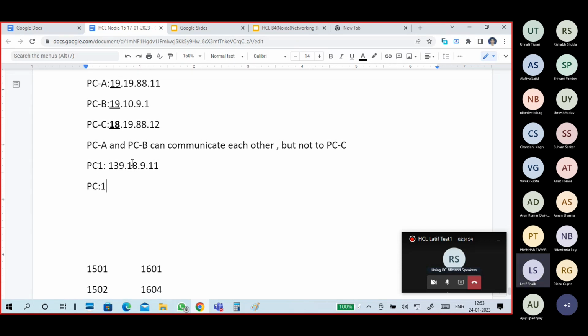What is the first rule? Network portion must be the same. Network portion must be the same. Or you can see it like a PC2.